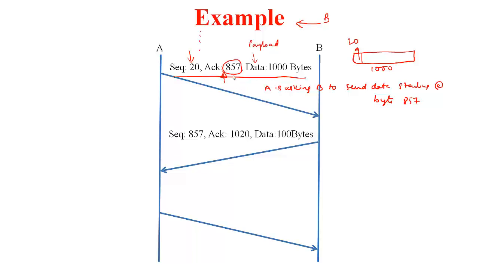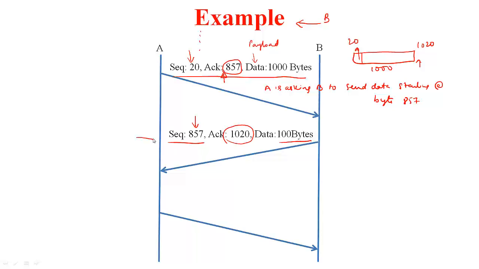Since it is asking for 857, so this segment starts at 857. And this segment, the payload in this is 100 bytes. And see this acknowledgement. It is acknowledging this segment, whereby because this byte starts at 20, this is 1000 bytes long, it is now asking for this byte which is 1020. So that is how the acknowledgements work.